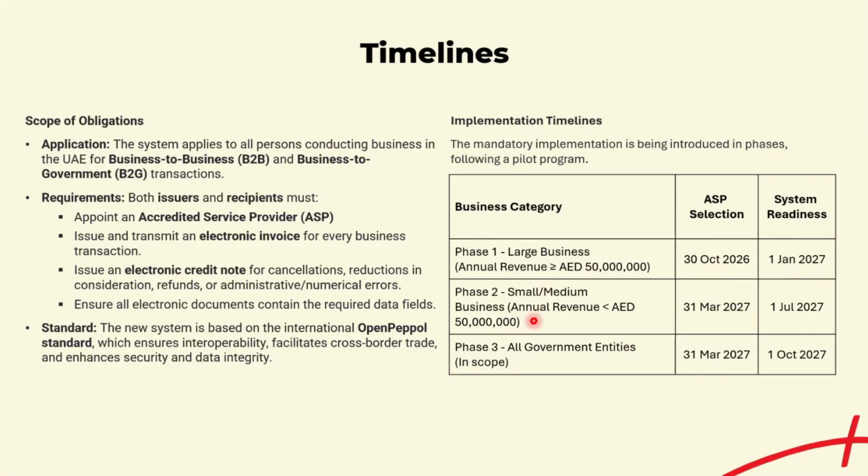And those businesses with less than 50 million, you will have to select your ASP before 31st March next year, and you will start your e-invoicing journey from 1st July 2027.